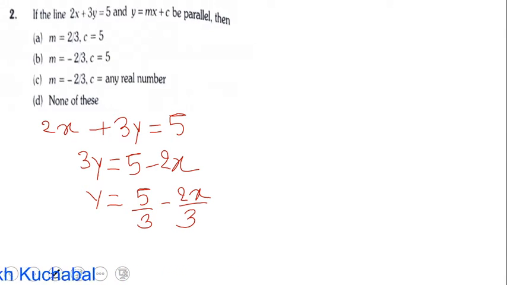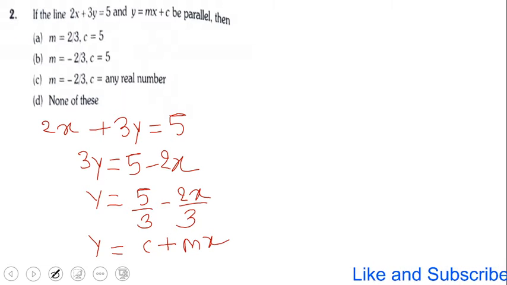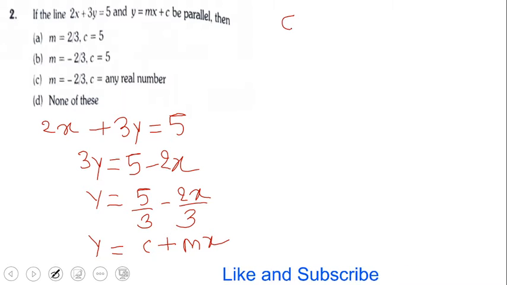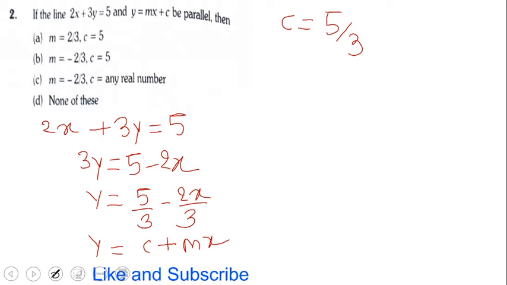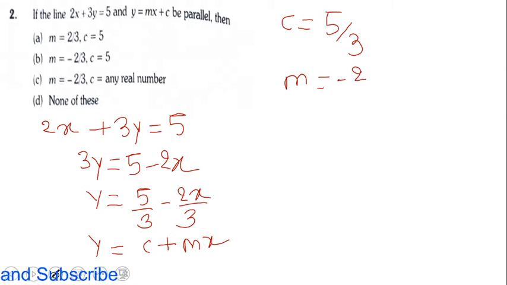Now the standard form of the equation I write as y equal to, this is a constant c I take, plus mx. So by comparison we get the c value as 5 divided by 3 and the m value as minus 2 divided by 3.